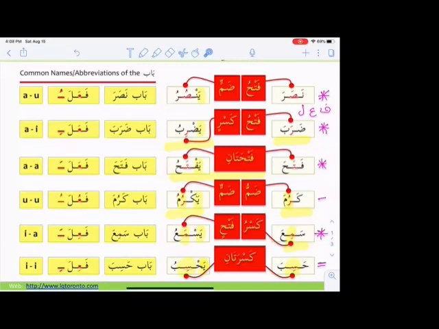Dammo dammin, karuma yakrumu. Kasro fatahin, samia yasmau. Kasaratani, jiha. Kasaratani, hasiba yasbu.